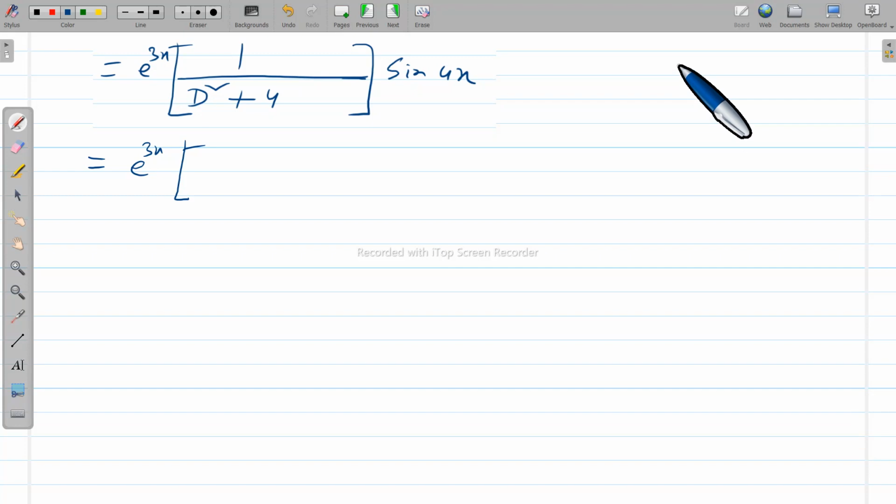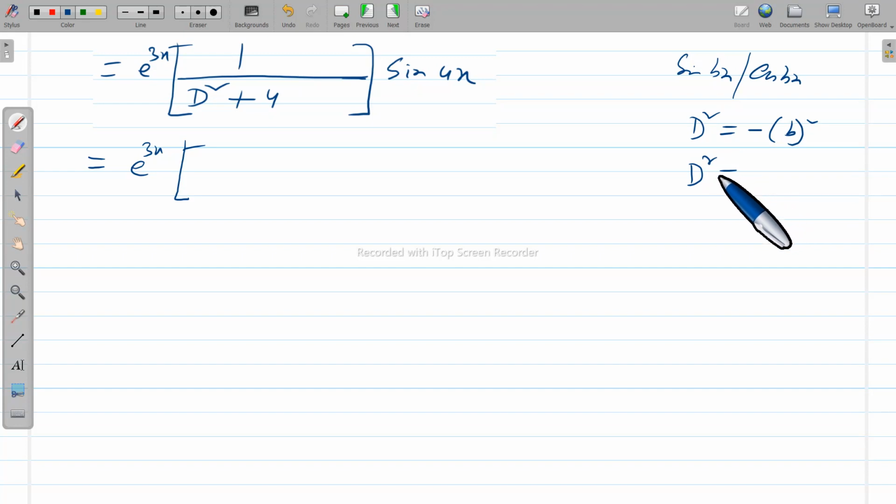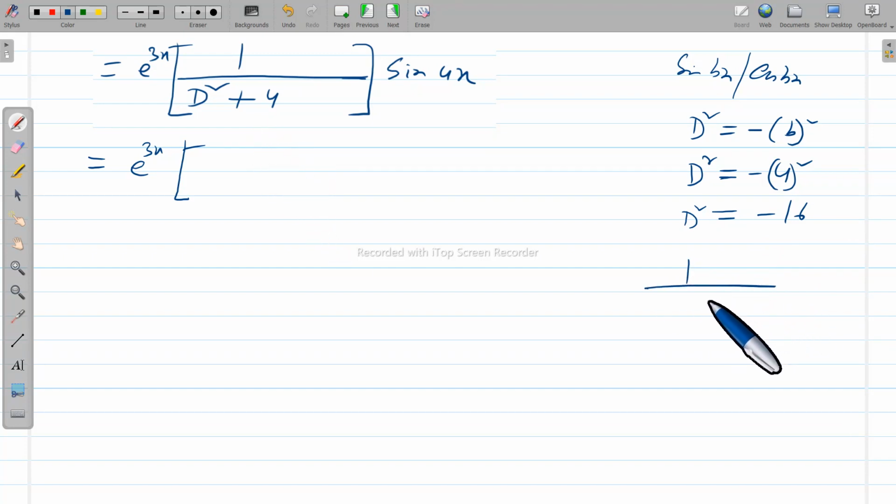If you have sine bx or cos bx, all D square should be replaced by minus b whole square. In this problem, what is your D square? Your D square value will be minus 4 whole square, ultimately minus 16, because here b is equal to 4. So I'm writing D square is equal to minus 16. You should substitute. Now you check, on the right side you should check first.